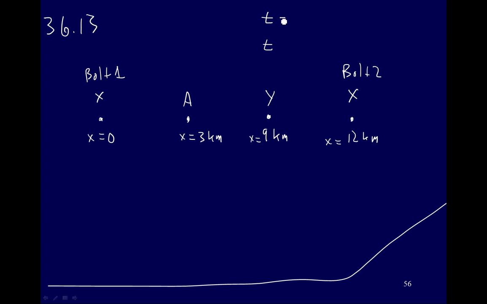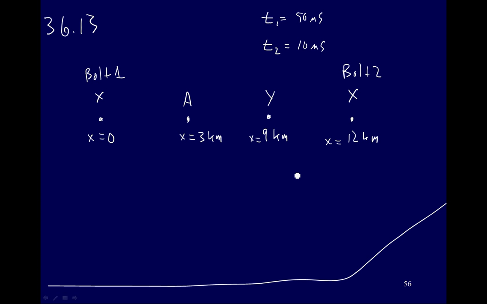You notice bolt 1 at a time of 50 microseconds, and you notice bolt 2 at a time of 10 microseconds. And this is in your frame, or this is physically what you measure.